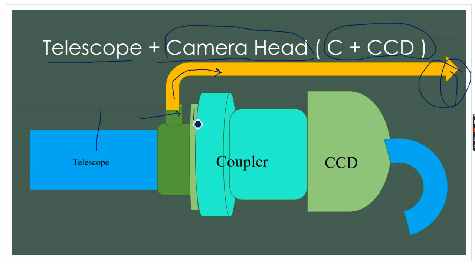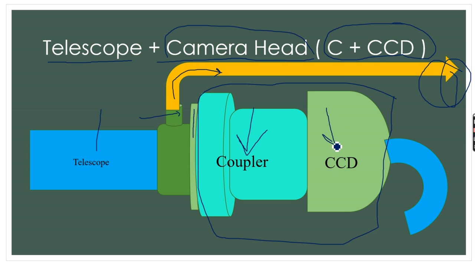This is the eyepiece, and attached to the eyepiece is the camera head, which is what is known as the camera head, having two parts: the coupler, followed by the CCD. Now here you can see the coupler is lying in between the CCD and the telescope assembly. Clear? So in this video, we will focus on this coupler as well as this CCD.